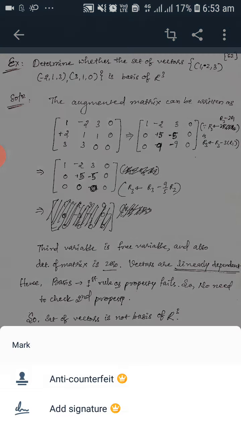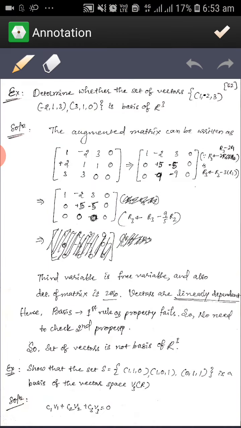Let us take some more problems on basis and dimensions. Determine whether the set of vectors is a basis of R3. As I told you, n is the number of elements in each vector; each vector has 3 elements, so n is 3 here. Again we follow the same row operations.